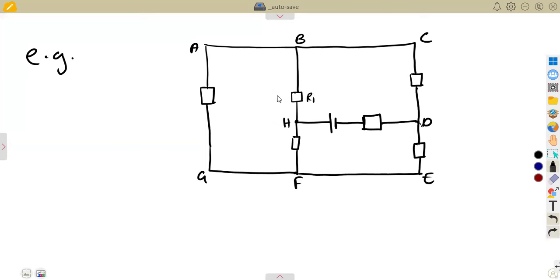You're also given the current, that is current 2, and you're also given this current as 0.062 amps. So you'll be given these currents and so on.